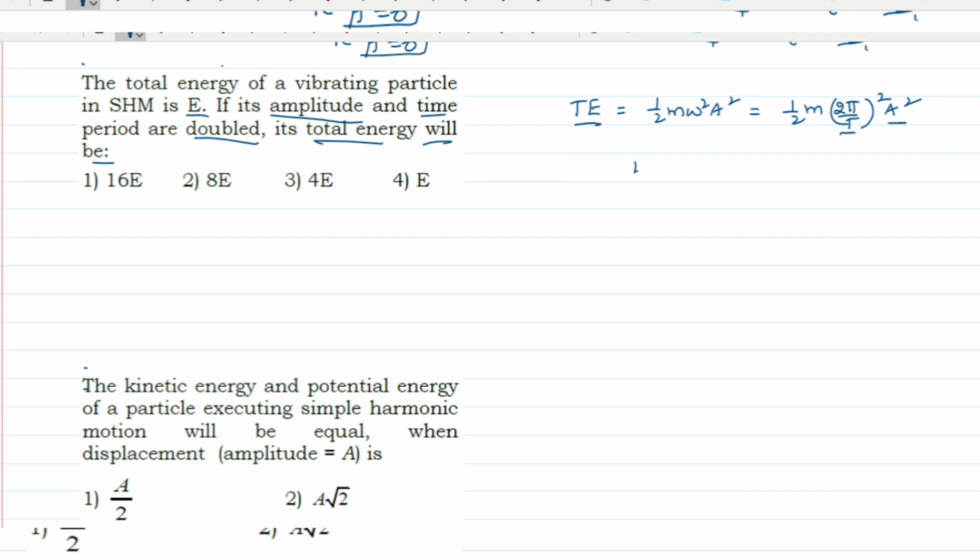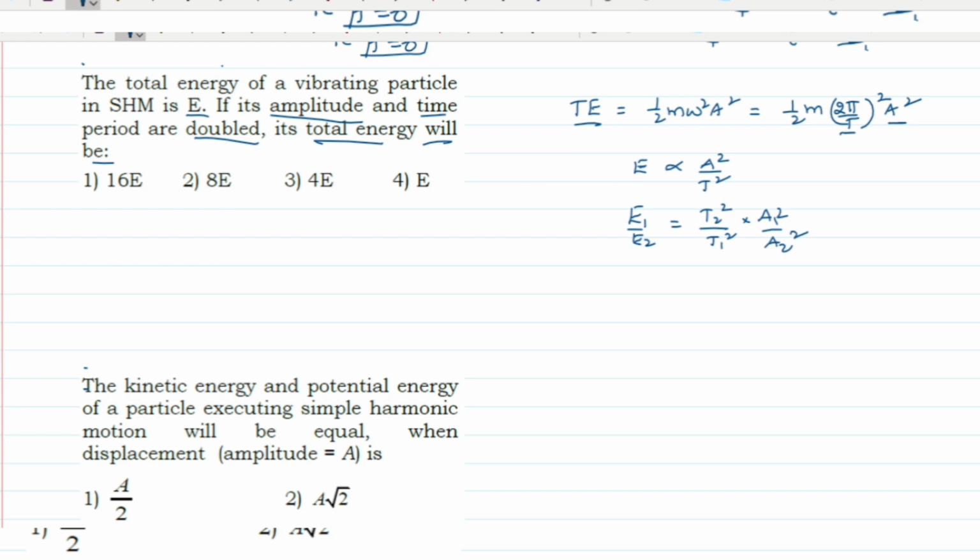Total energy E is directly proportional to a square by T square. Now take the two values: E1 by E2 equals T2 square by T1 square into A1 square by A2 square.